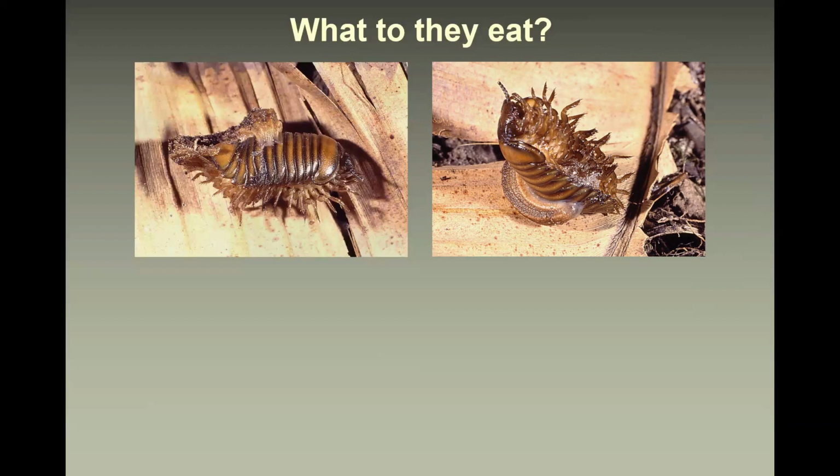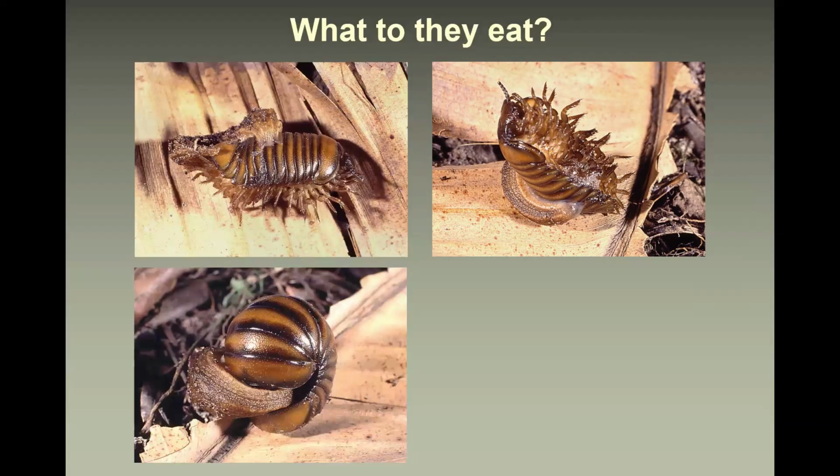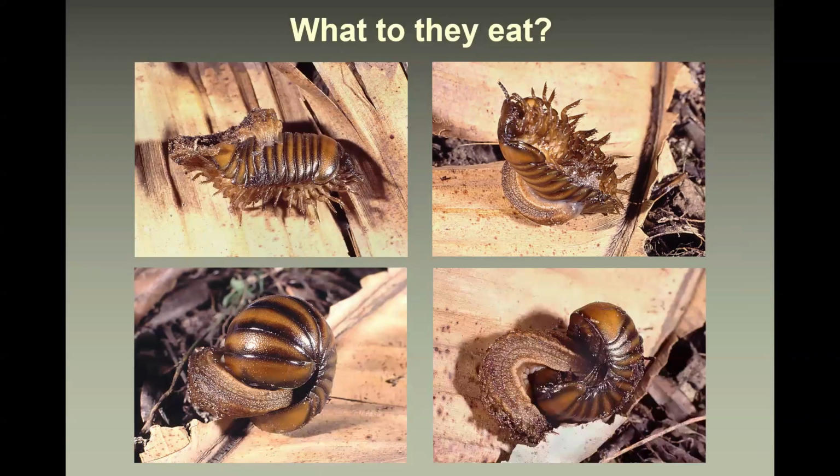The slug lets go, and it moves round to the underside, crawls in between the head and the tail of the millipede, and proceeds to devour the contents of the millipede through the much thinner exoskeleton between the legs. So really a pretty remarkable feeding behavior for a slug.